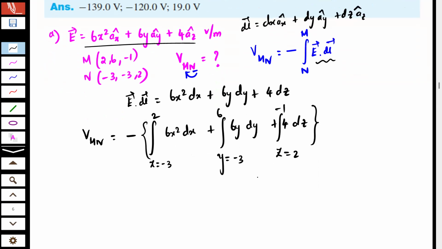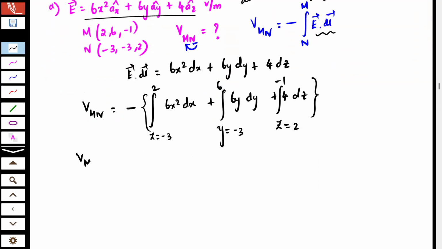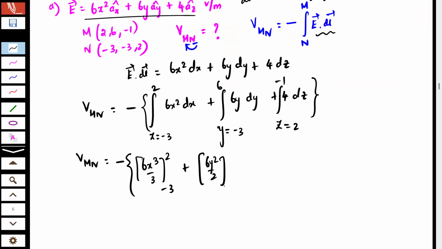So Vmn is going to be minus 6x cubed by 3, limit minus 3 to 2, then 6y squared by 2, limit minus 3 to 6, then 4 into z, 2 to minus 1.